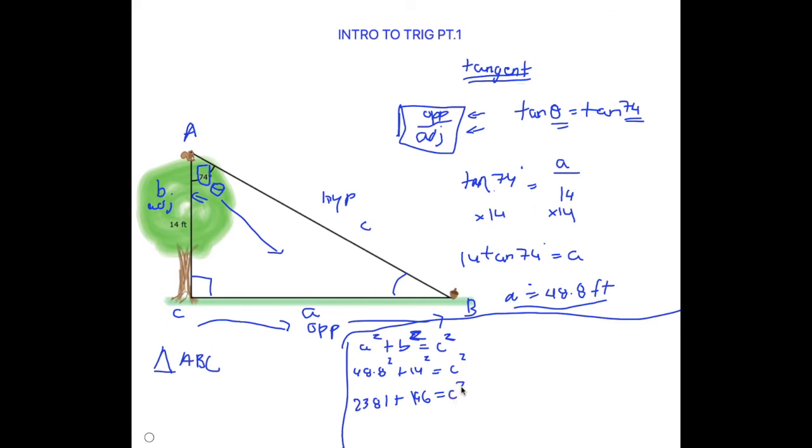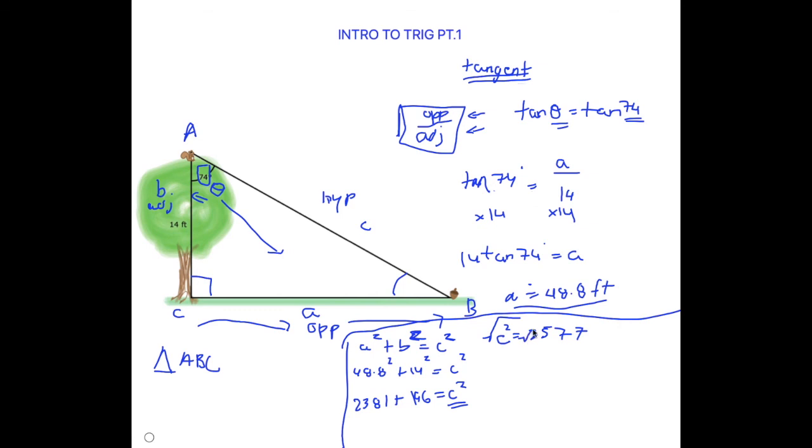Once again, we're solving for c, so we have to isolate just c. At the moment it's c squared. So what we do is we take the square root of both sides. So c squared is the square root of 2381 plus 196, which is actually 2577.